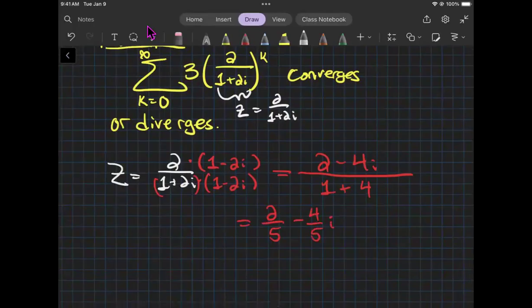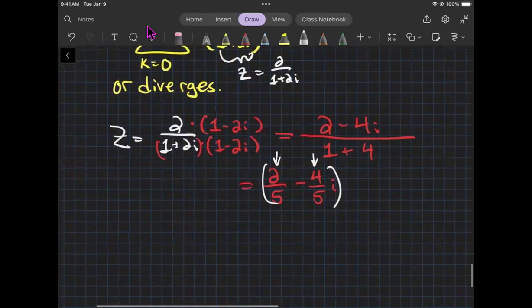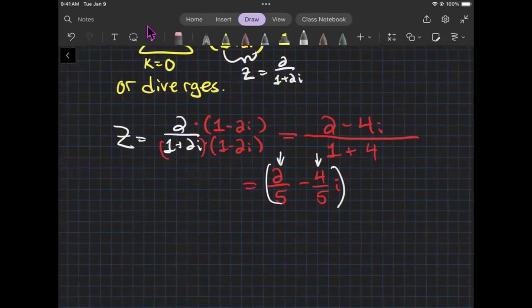And we know that the length of this common ratio is less than 1.